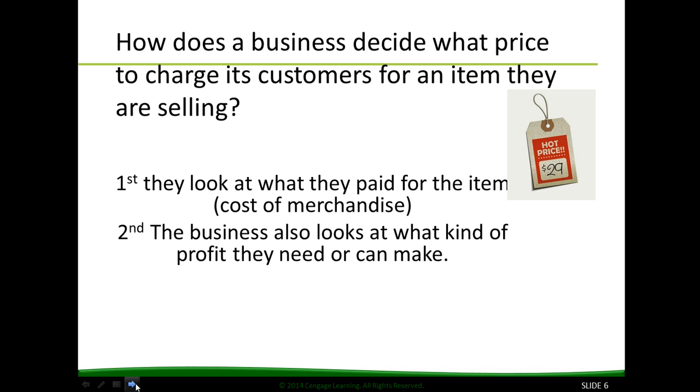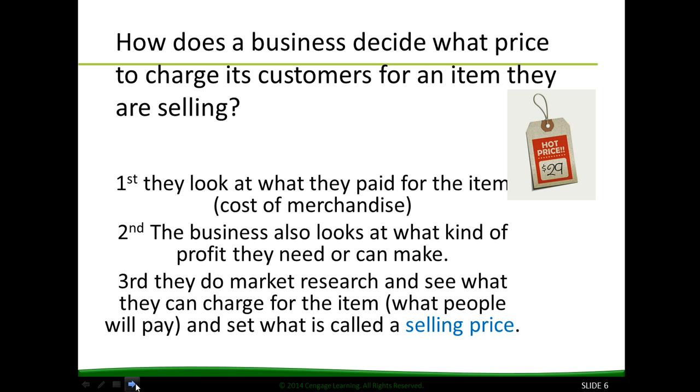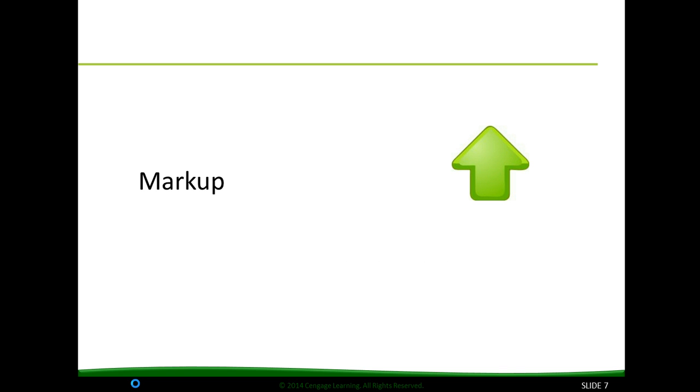So businesses have to look at how much they paid for the item. They have to do some market research and say, okay, I paid this. This is kind of the going rate in the market. Where can I fit so that I can still make a profit? So they have to look at what's called a markup.